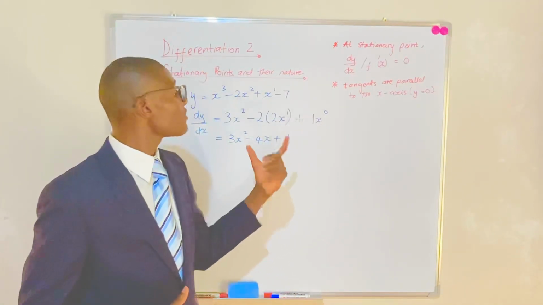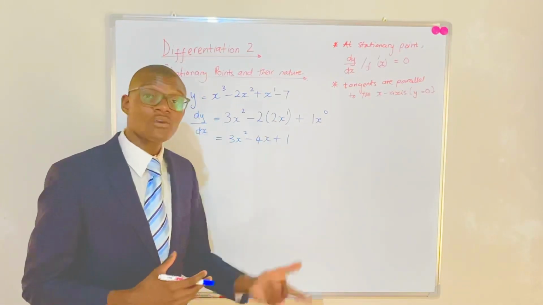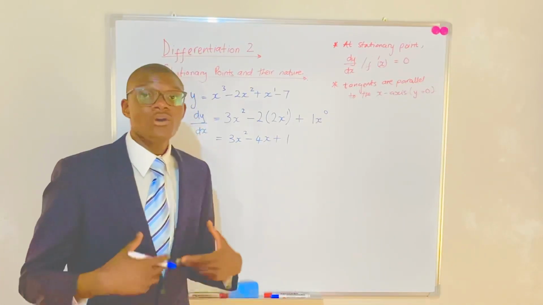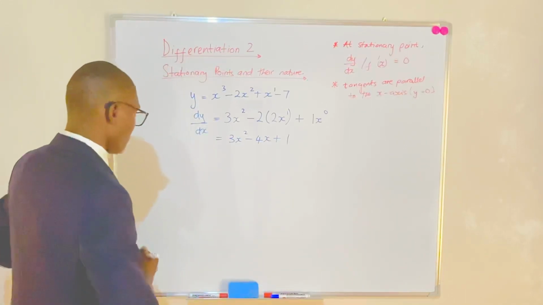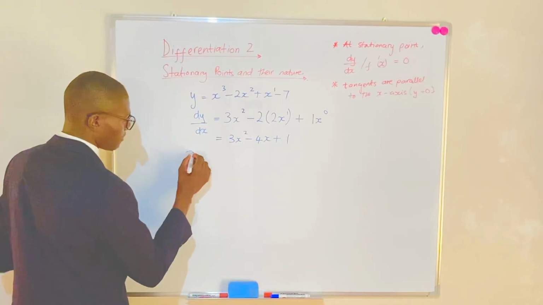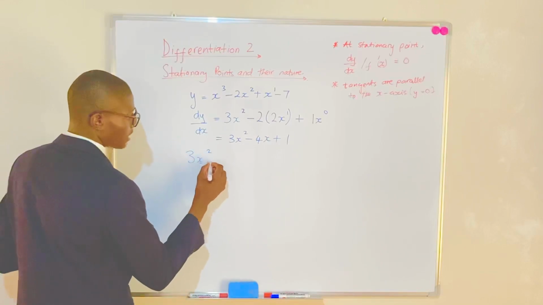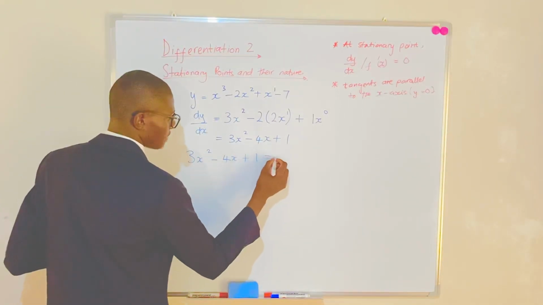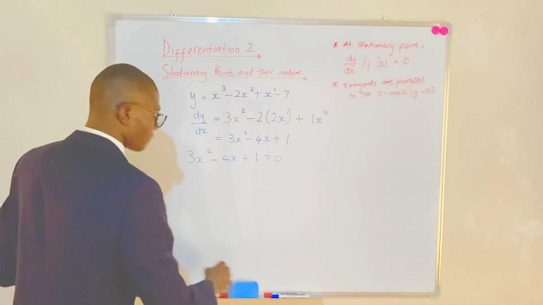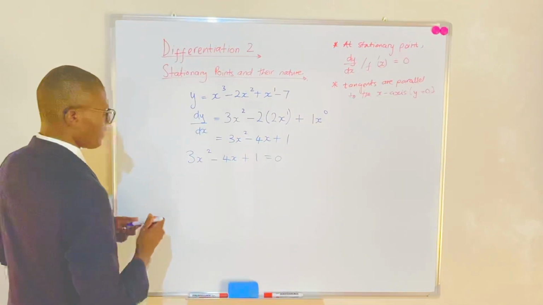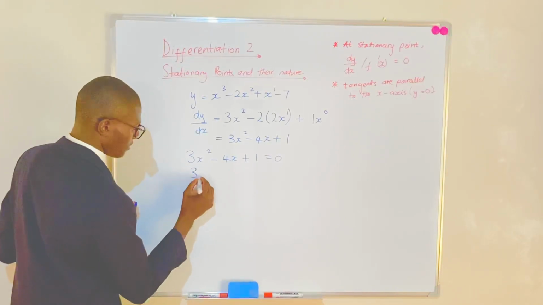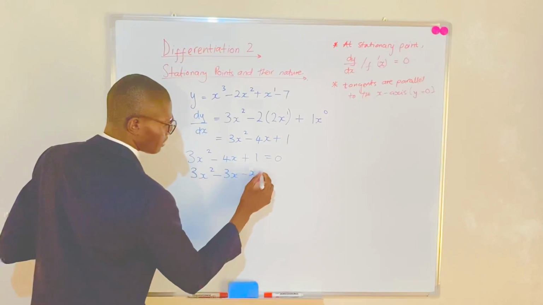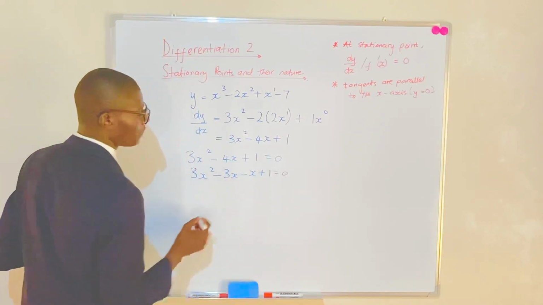But we know at a stationary point, this gradient function should be equal to 0. So now the next step would be to equate this to 0, then solve for x. So we are now saying 3x squared minus 4x plus 1 is equal to 0. Then solving for x, we're saying 3x squared minus 3x minus x plus 1 is equal to 0.